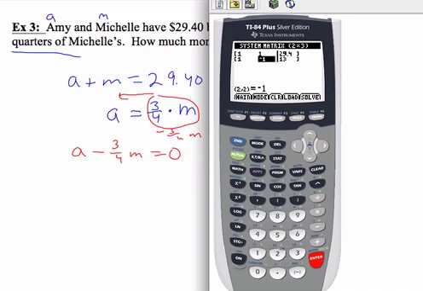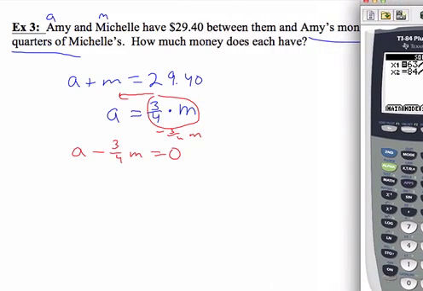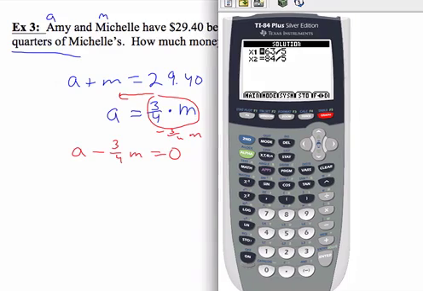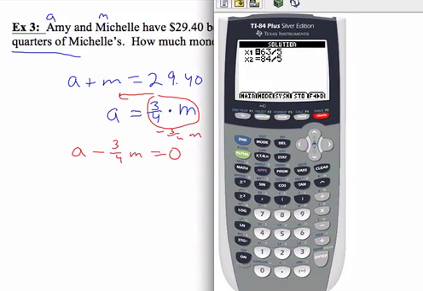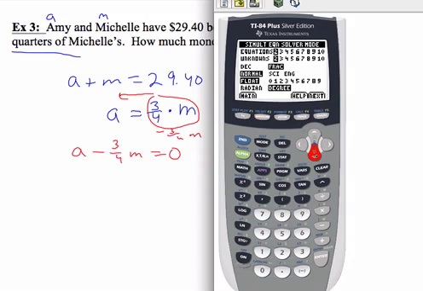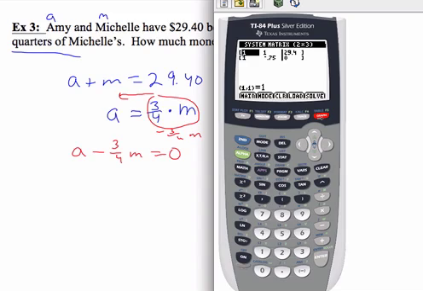This is negative 3/4, so negative 3 divided by 4, and 0. And click solve. Now we have the answer as fractions, and in this case we want decimals because we're talking about money. So I'm going to go back to mode. Mode's right there, so I click down here. I'm going to change that to decimal. And then I will click next, solve.